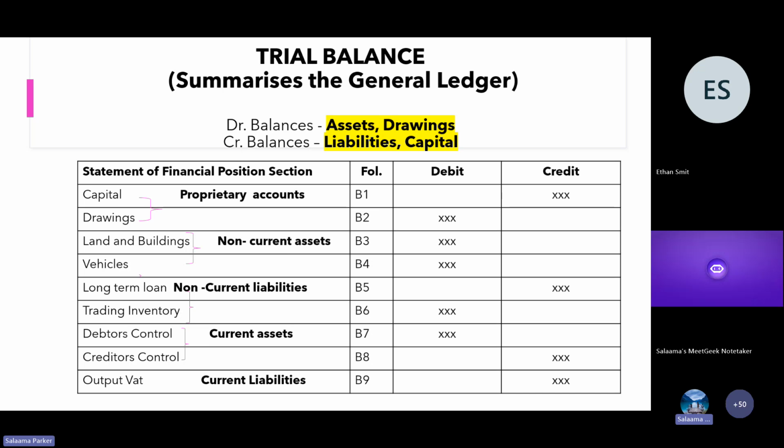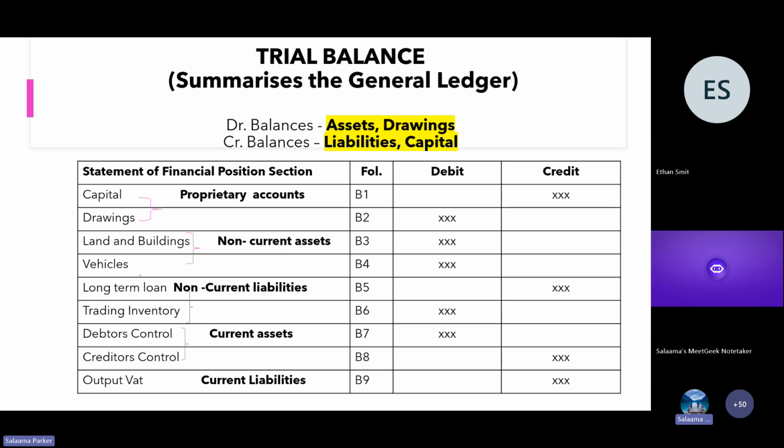Always remember your debit balances will be assets and drawings. Then your liabilities and your capital will have credit balances, and the balances for these accounts will be recorded under your statement of financial position section, which is made up of your proprietary accounts.